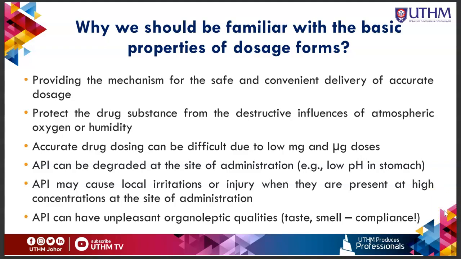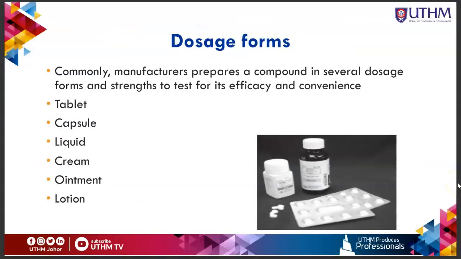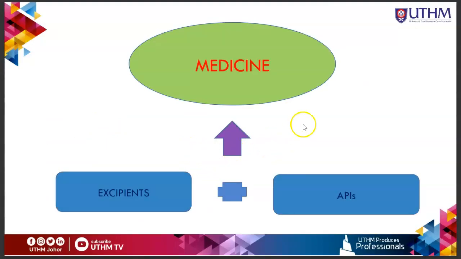The taste may be so difficult to swallow, and the smell so bad, and so forth. So we can have several dosage forms: tablet, capsule, liquid, cream, ointment, lotions, and possibly other forms as well.